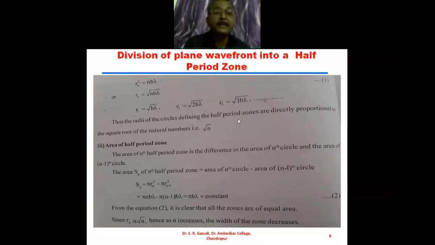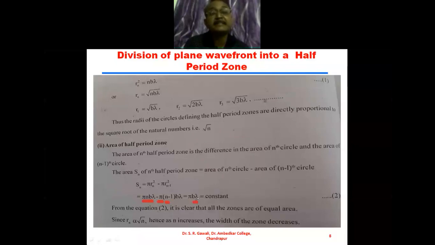Now if we subtract, the first term pi nBλ is cancelled, and the minus sign and minus sign become plus, and we get pi Bλ.